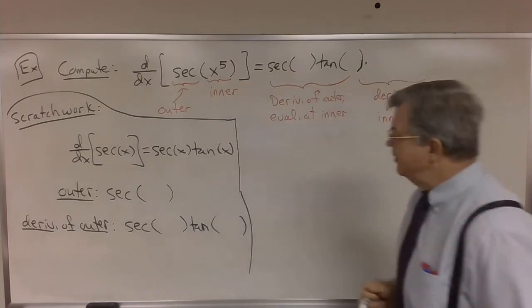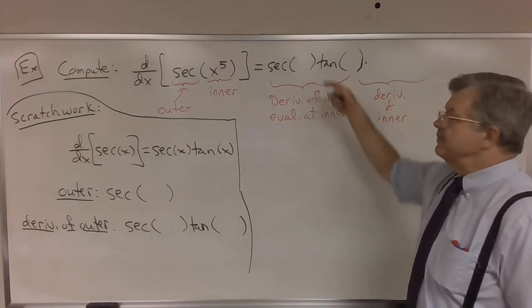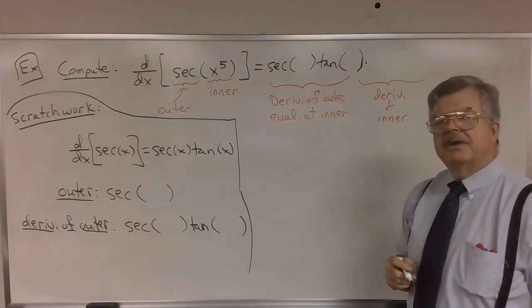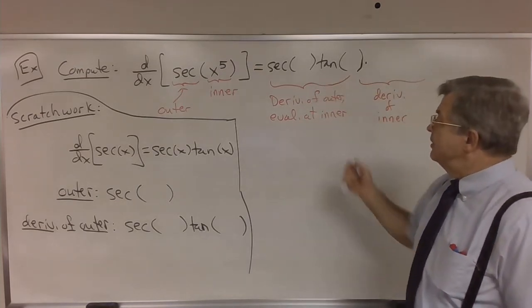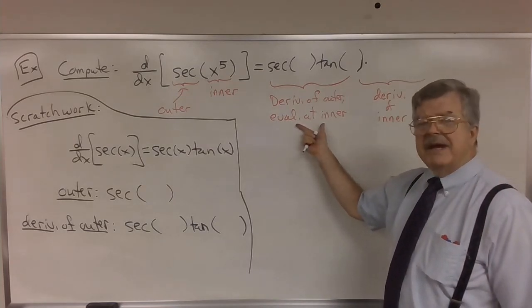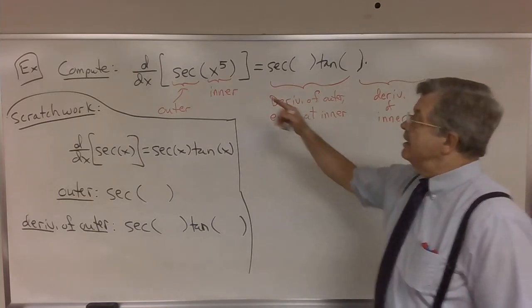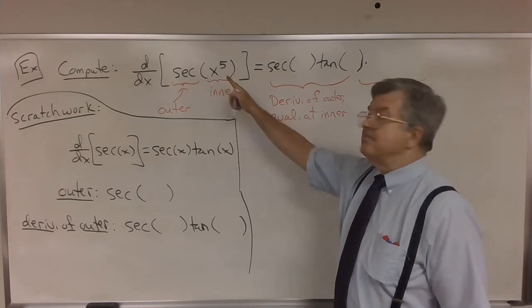Okay, there's the derivative of the outer. And what do we do next? The chain rule says we evaluate it at the inner function. So we take the inner function and plug it in.